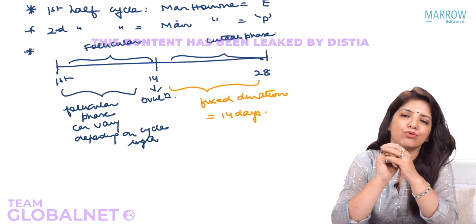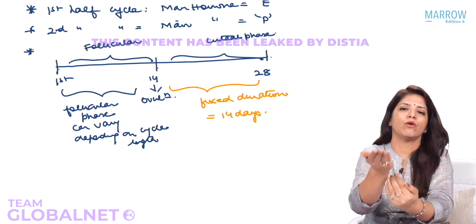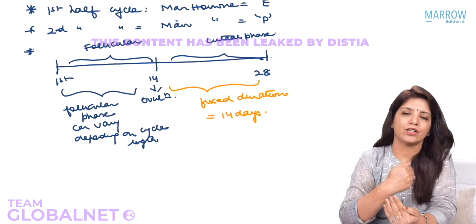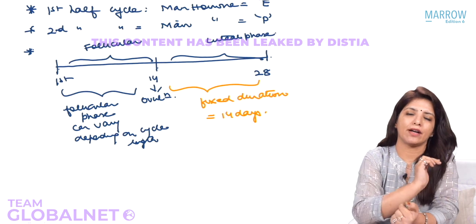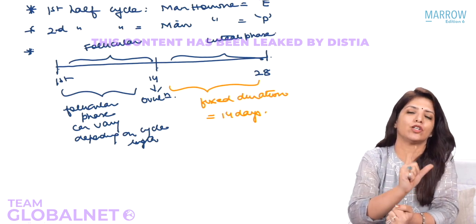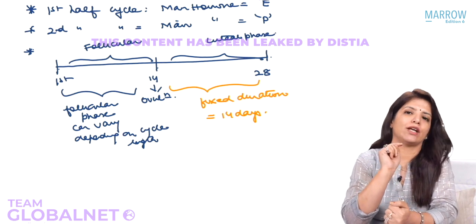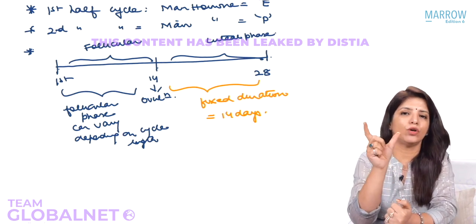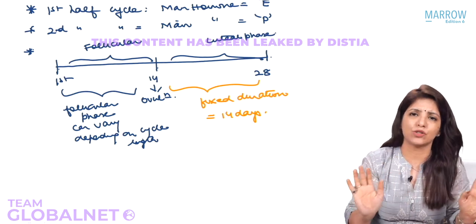So what I'm going to do is count from 30th Jan, I will count backwards. So I will do 30 minus 14, that is 16th Jan. I will tell her that she will ovulate on 16th Jan. Because when I say she ovulates on 16th Jan, her luteal phase is of 14 days. Her follicular phase can vary, that's okay.